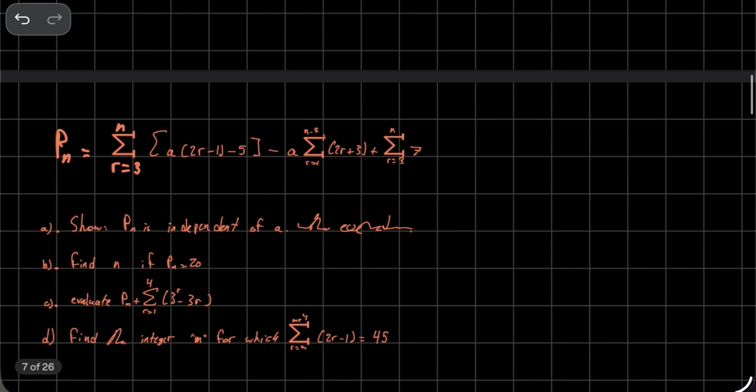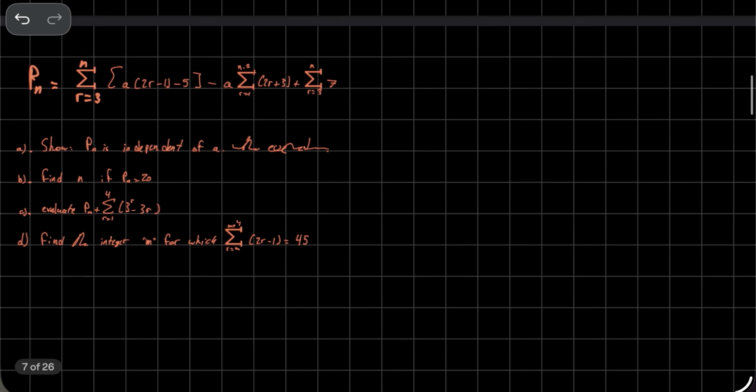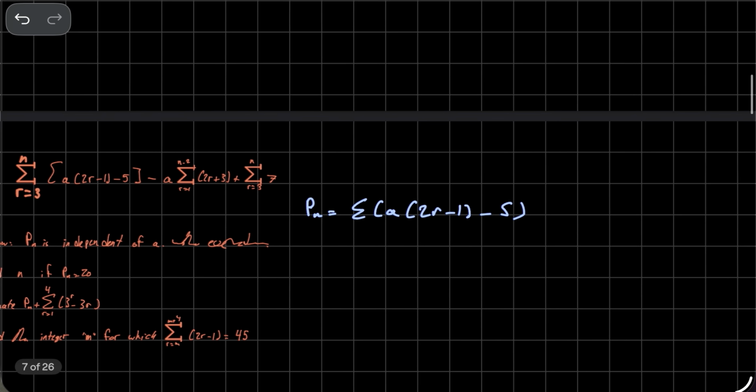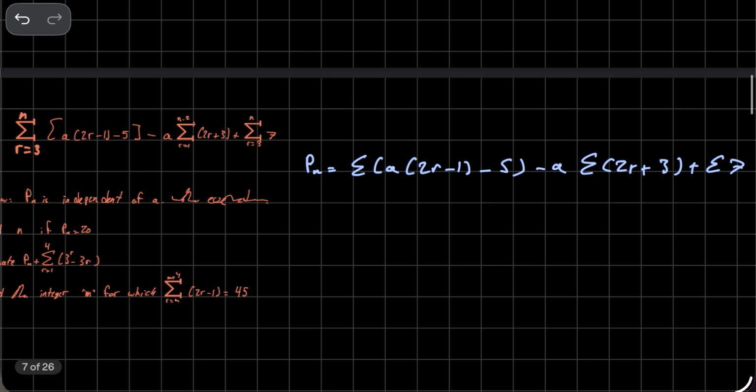Now when I solve, you'll understand more why. So first, let's write it down. Pn equals sigma of A(2r minus 1) minus 5. Now, as I told you, first I'll try to simplify and take all the terms that include A alone. Minus A sigma(2r plus 3) plus sigma 7. Of course, I'm abbreviating sigma by discarding its indexes, but at the end of the day, I will put them back.